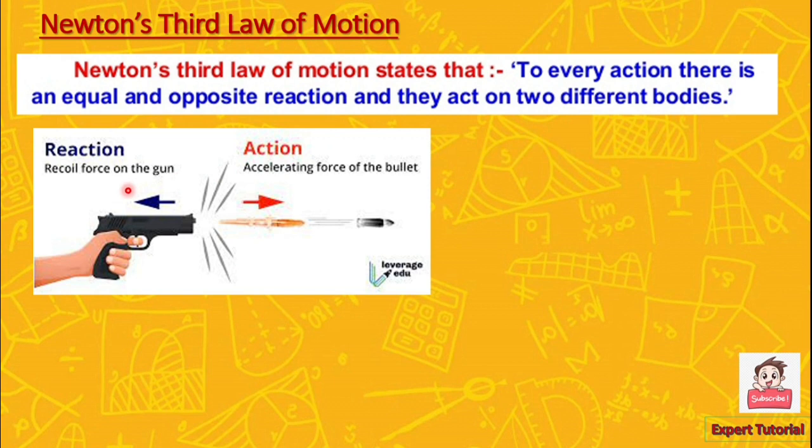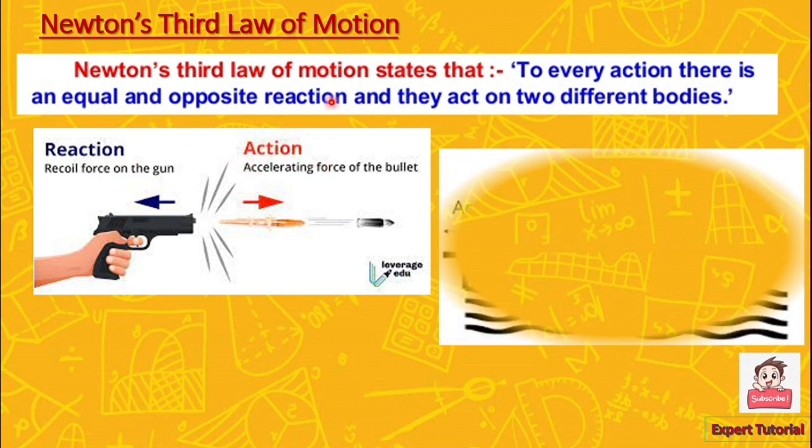Take an example: when a bullet is fired from a pistol or gun, it exerts a forward force that is known as the action. This is the action on the bullet, and the bullet exerts an equal and opposite force on the gun, that is known as the reaction, and the gun recoils. Basically it moves in the backward direction, that is known as the recoil of the gun. So this is an example of action and reaction.